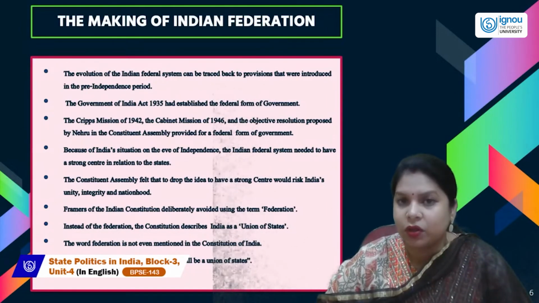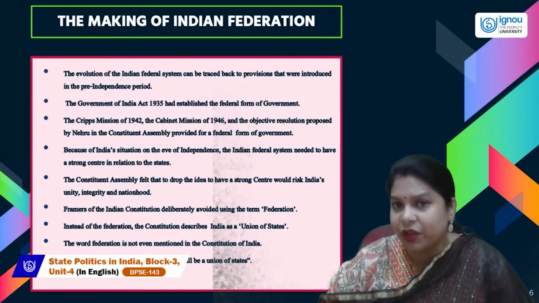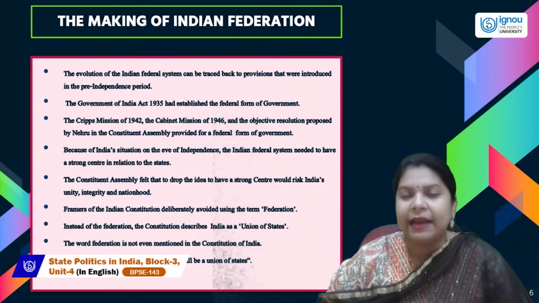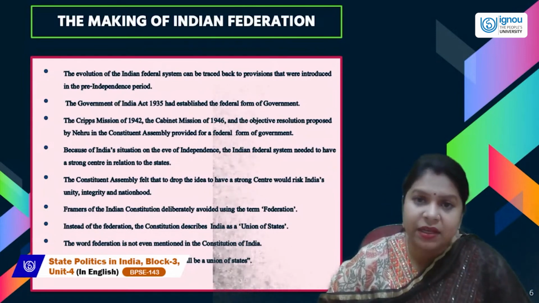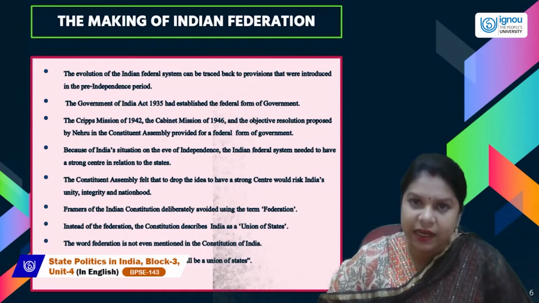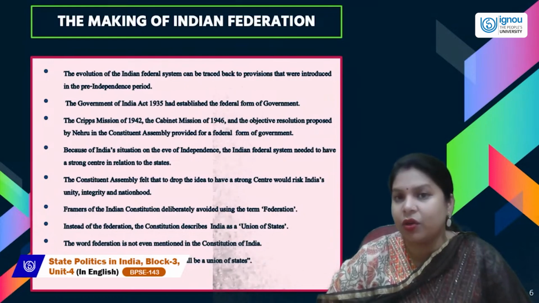So the framers of the constitution deliberately avoided using the term federation because of all these reasons. Instead of federation, the constitution described India as a union of states. So the word federation is not even mentioned in the Constitution of India.